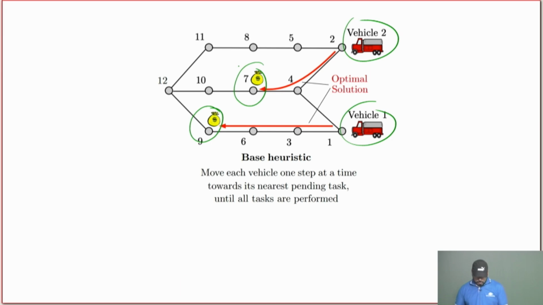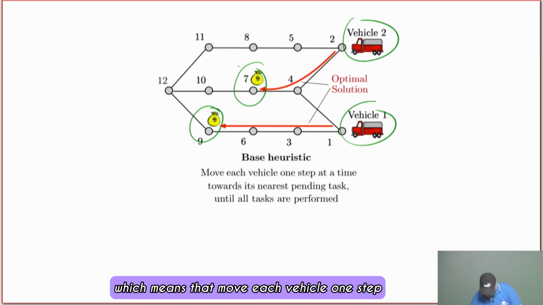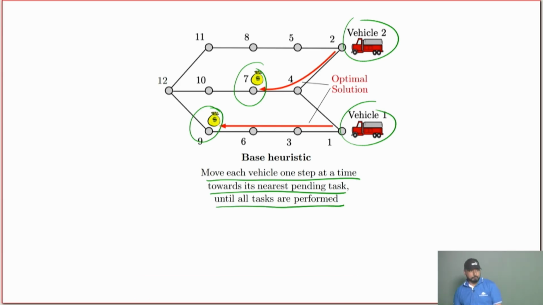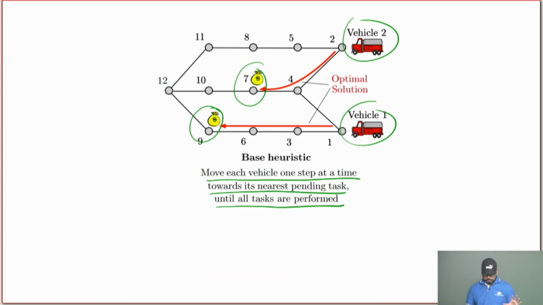So what are the ways we can start? Let us say there is a base heuristic, which means: move each vehicle one step at a time towards its nearest pending task until all tasks are completed. So this is your base heuristic. Here we are assuming a fully observable case, and that's important to notice.